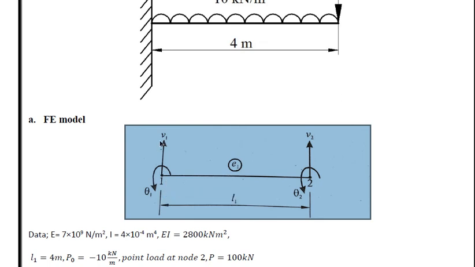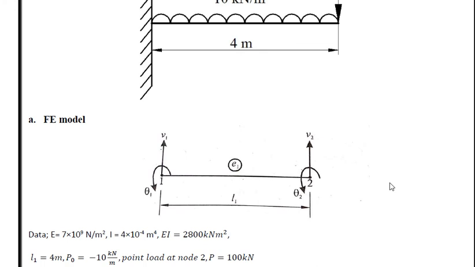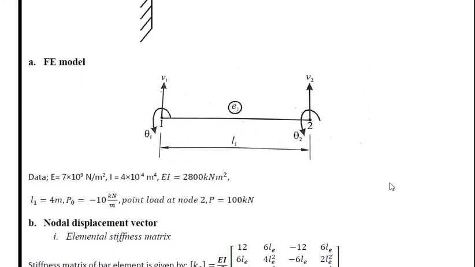One is Ty, Ty means deflection in y direction, that is given by V1. The other one is rotation about z direction, that is given by theta 1. So at each node there will be 2 degrees of freedom: deflection in y direction and rotation about z direction.